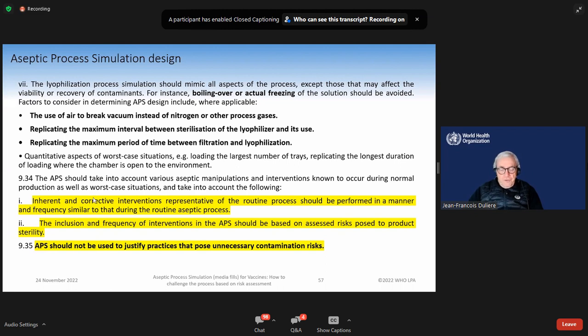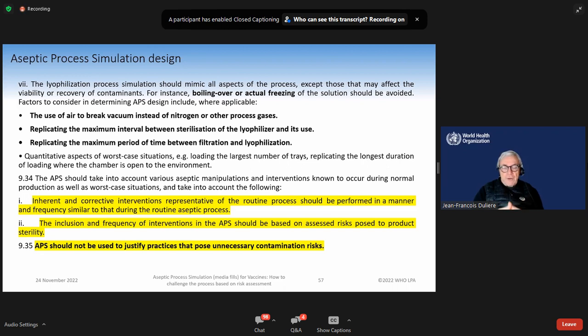Important as well is if you have to perform some corrective intervention during your processes, during the qualification of the equipment and the validation of your product, you will have the knowledge of what inherent and corrective action you will have to perform during the routine process.